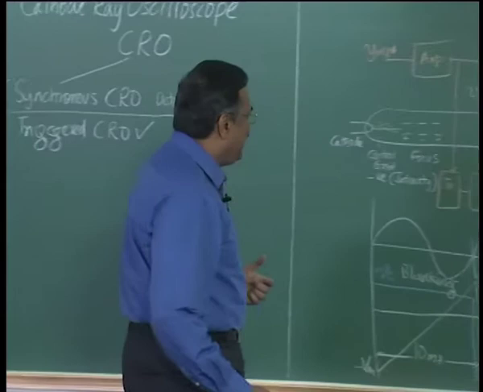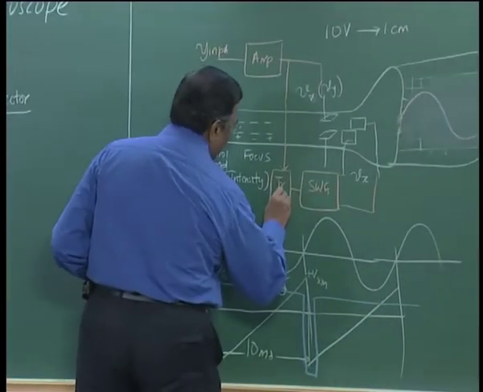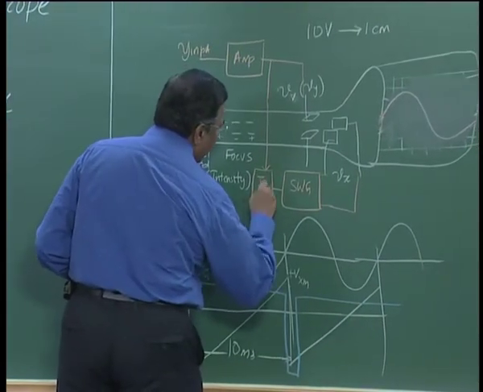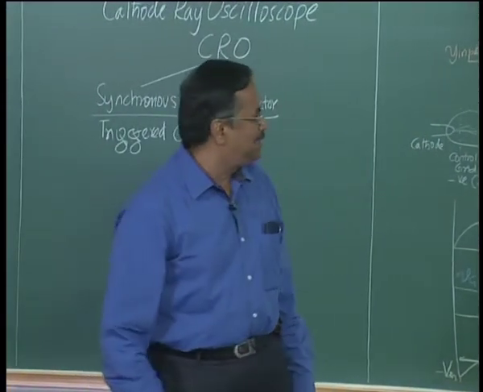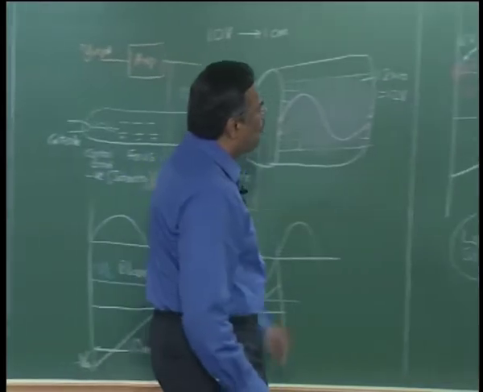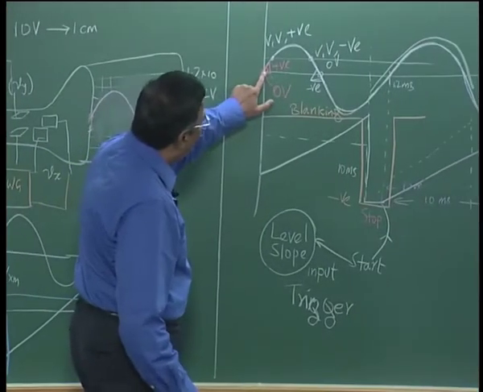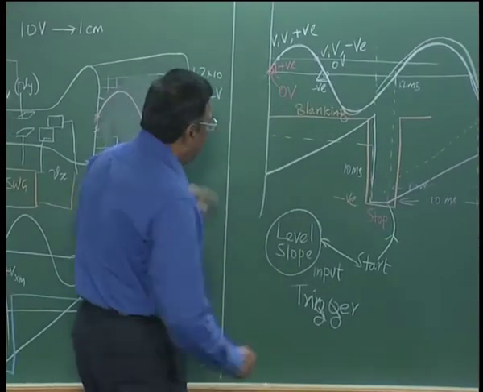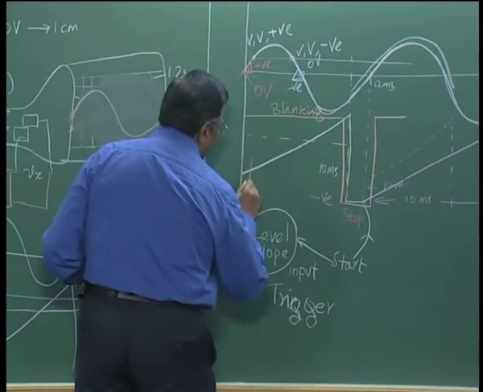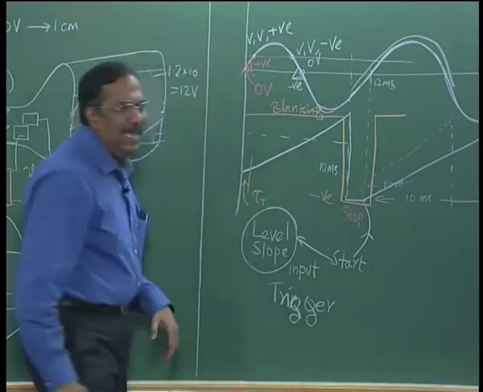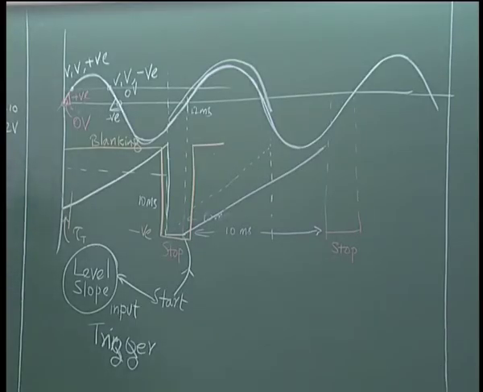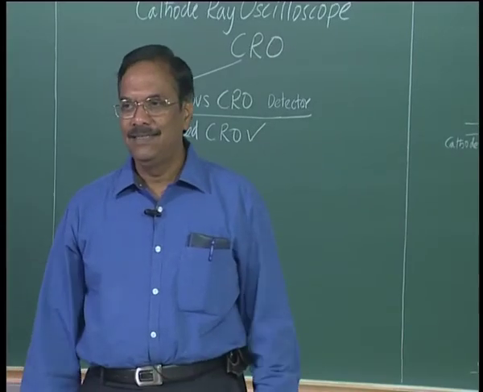So, there would be a delay, I call this tau t. The sawtooth wave generator would not start as soon as I send the signal, but it will start after some time. So, I will have a delay which is equal to the delay time of the trigger circuit, the settling time of the trigger circuit.